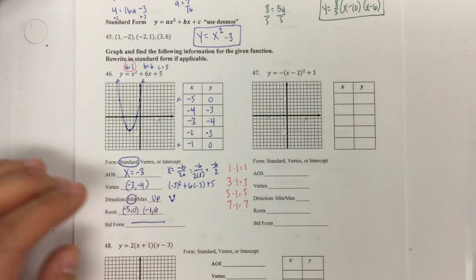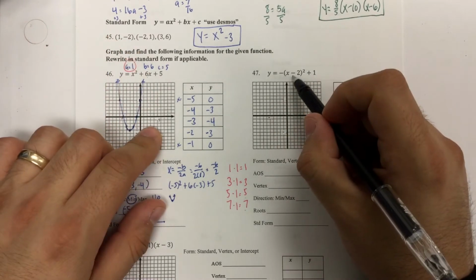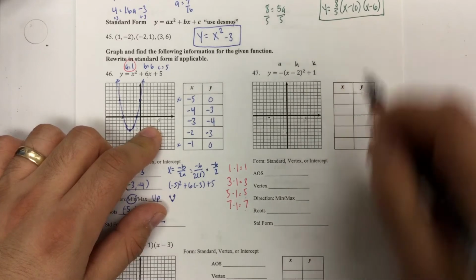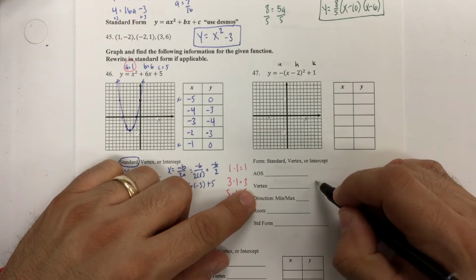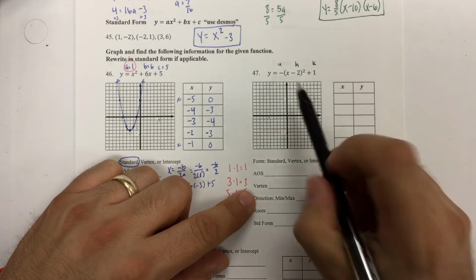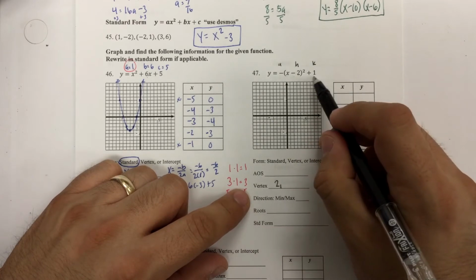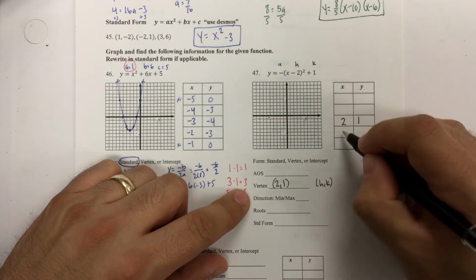All right, for number 47. So this is your vertex form. This is A, H, and K. So the first thing I like to do with the vertex form is find the vertex, so it's H comma K. So anything in parentheses, the opposite of that is positive 2. And the K stays as it is, so that's positive 1. So 2 comma 1.